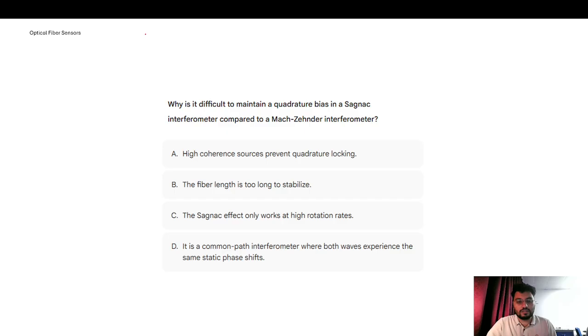Because it's quite different from the Mach-Zehnder. It is a common path interferometer where both waves experience the same static phase shifts.